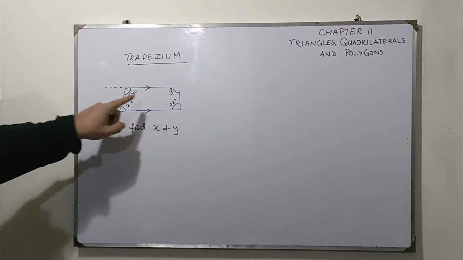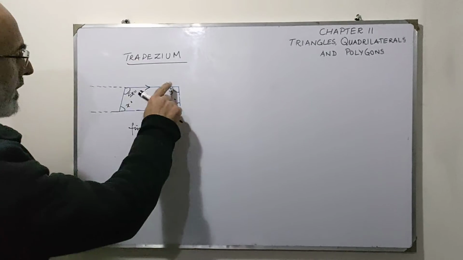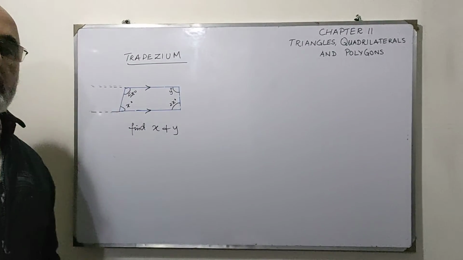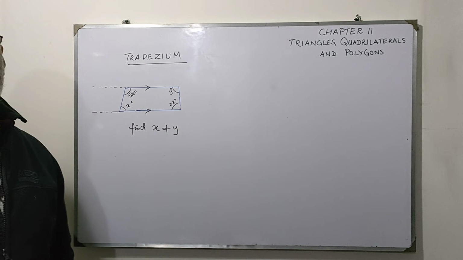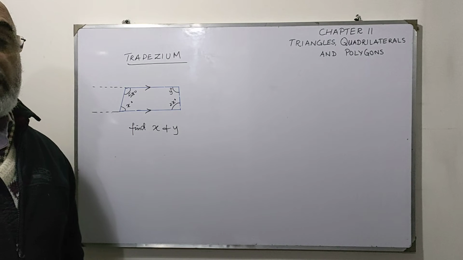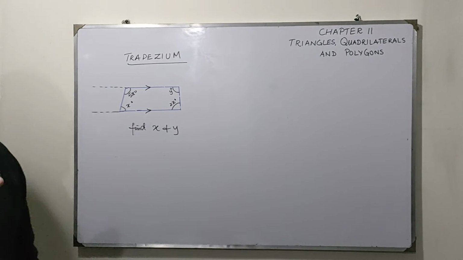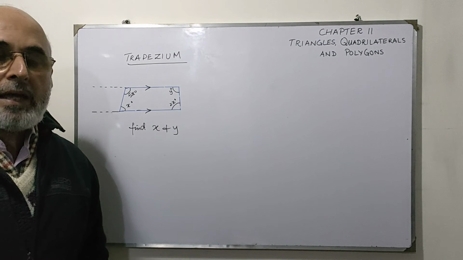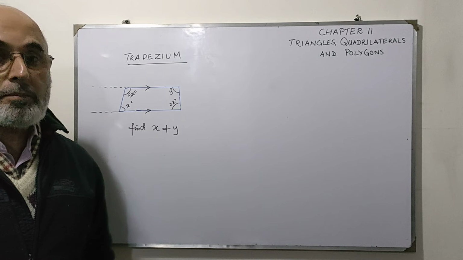Okay, I have extended these lines. Now these are the two parallel lines and this is a transversal. And when the transversal is intersecting the two parallel lines, there are angles known as interior angles, and we discussed those. Interior angles are on the same side of the transversal, and the sum of the interior angles is equal to 180 degrees, if you remember that.